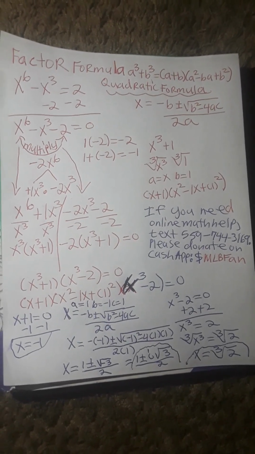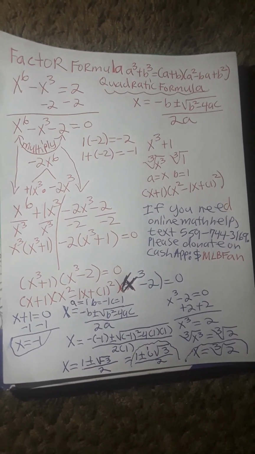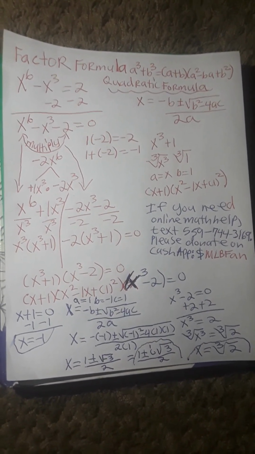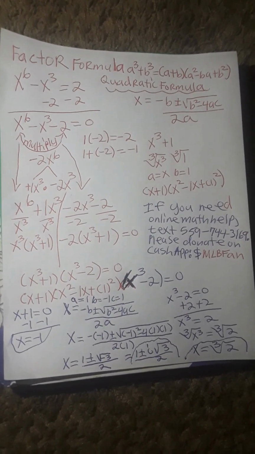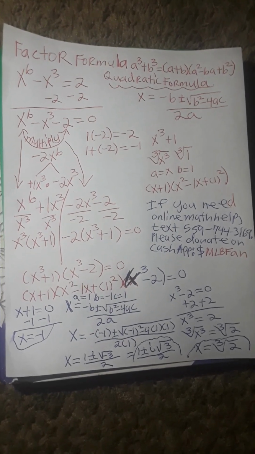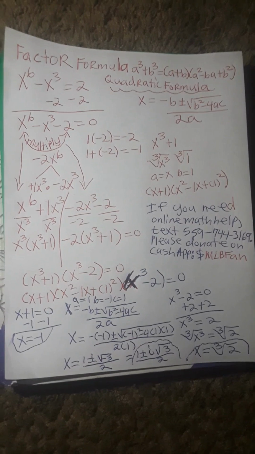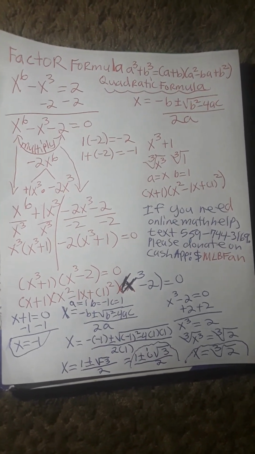Now we need to do the quadratic formula for x squared minus 1x plus 1 squared. a is equal to 1, b is equal to negative 1, and c is equal to 1. So the quadratic formula states x is equal to negative b plus or minus the square root of b squared minus 4ac, all over 2a.